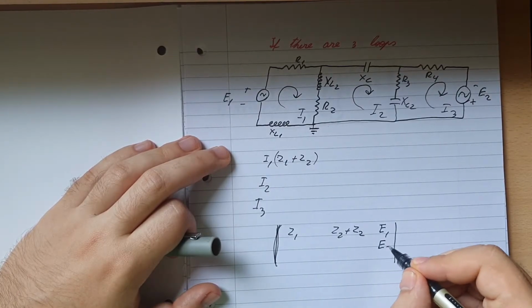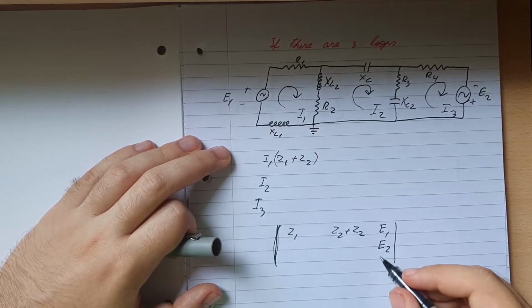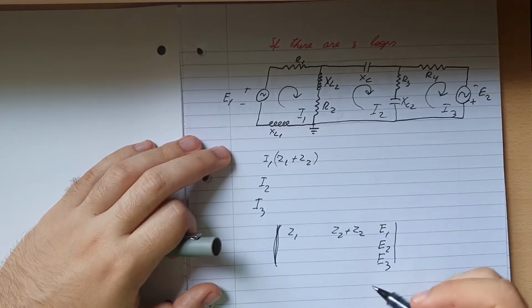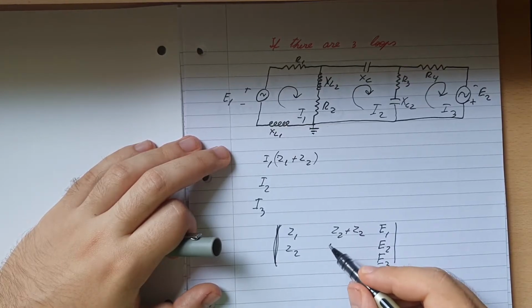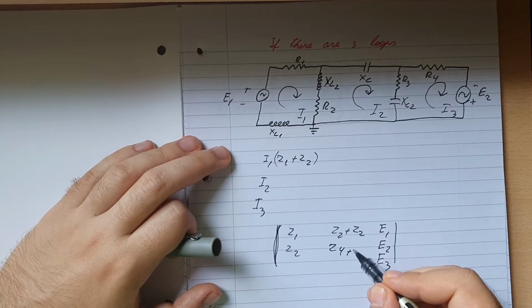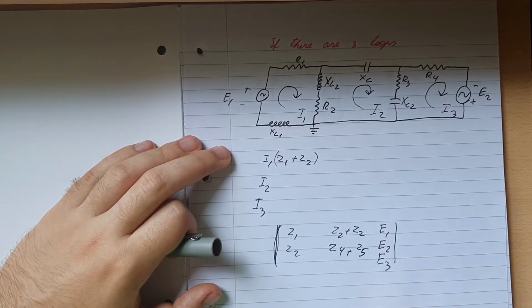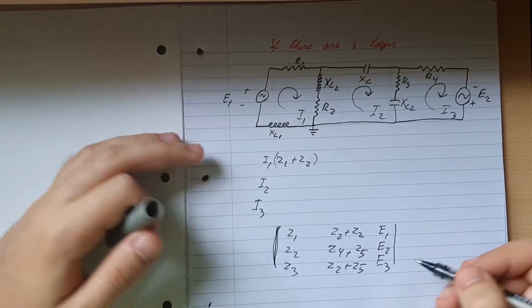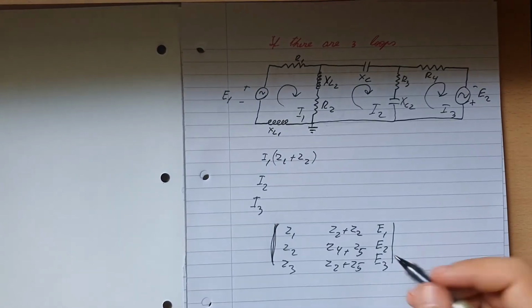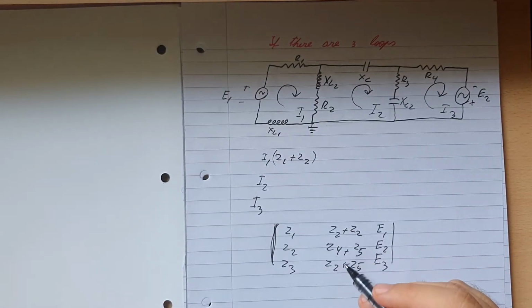Then we have E2, and then we have, I don't know, E3 or something like that. And you have a 3 by 3, and then you have something along the lines of these ones. Then we have Z3 here, let's say, and then Z2 plus Z5, whatever. This is random. And imagine you'll have this and you'll have to calculate this.